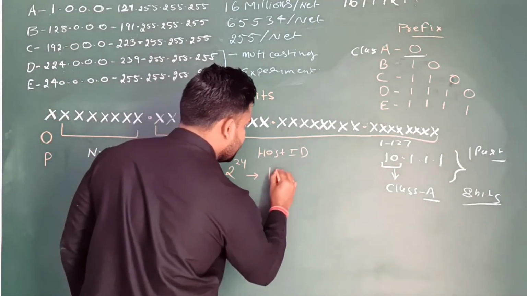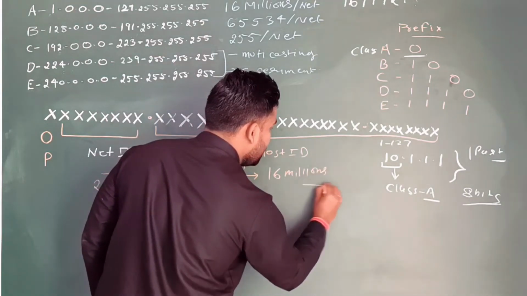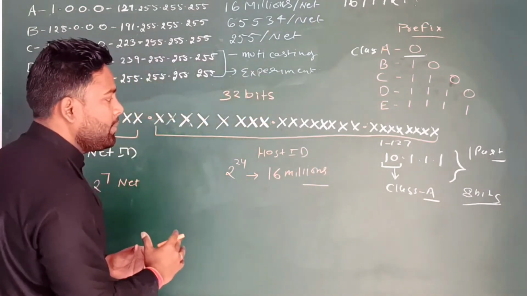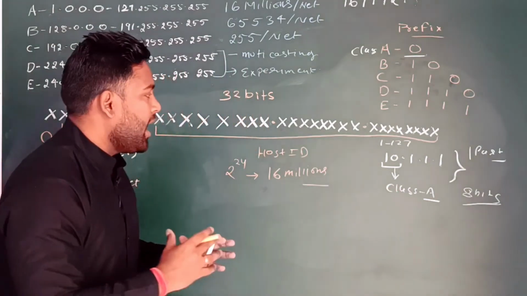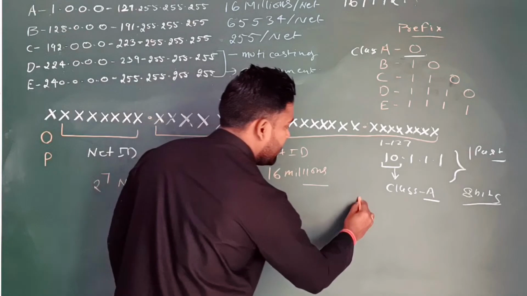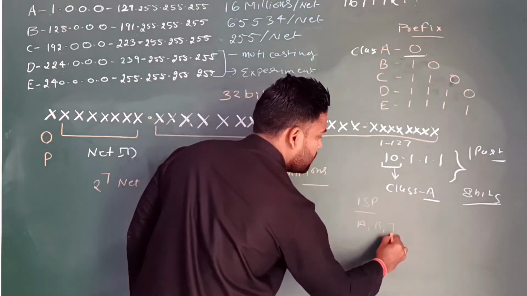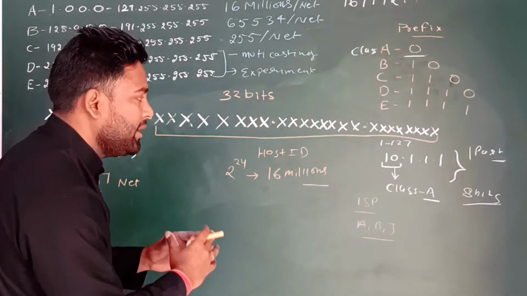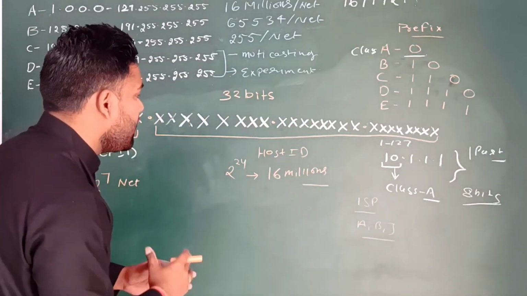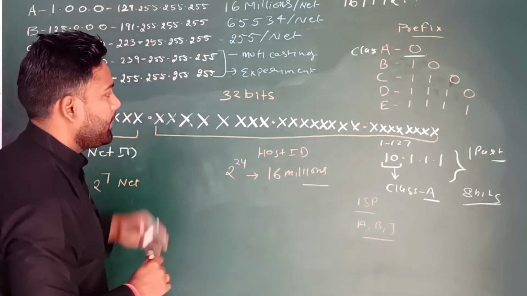It means that 16 million unique IP addresses will be provided in class A. That is why large organizations like internet service providers such as Airtel or BSNL or Jio need lots of unique IP addresses. So if you have a big organization, you should go for class A.